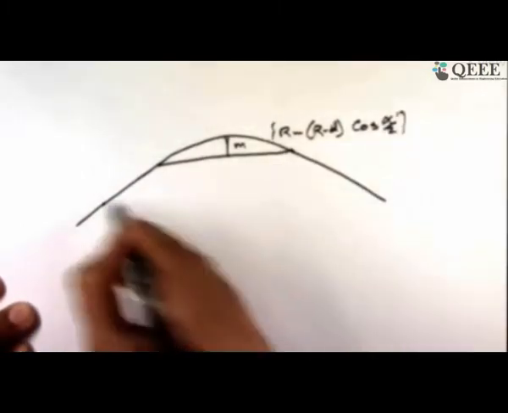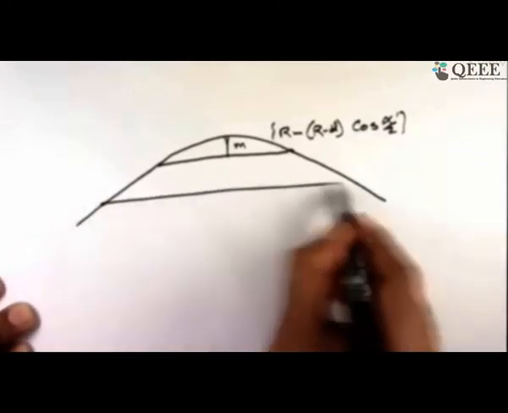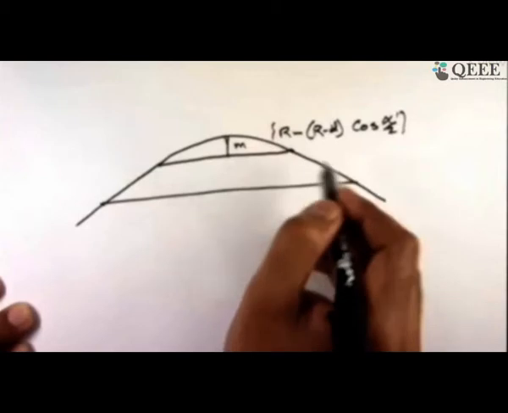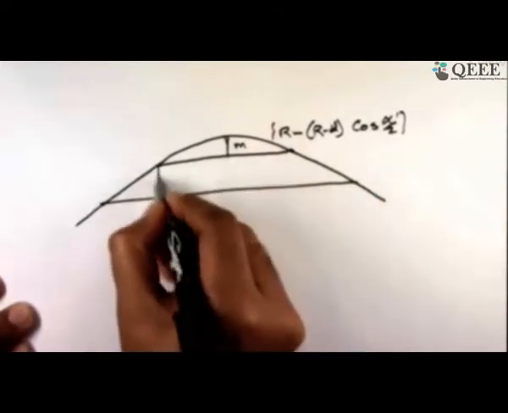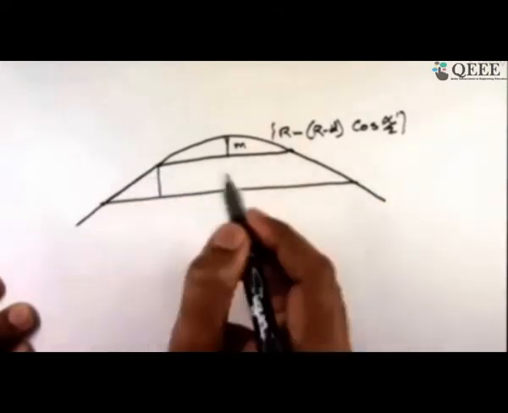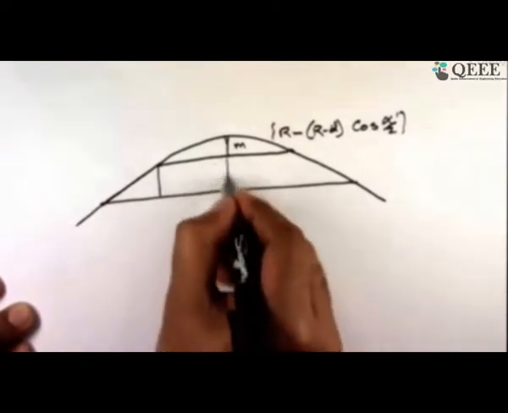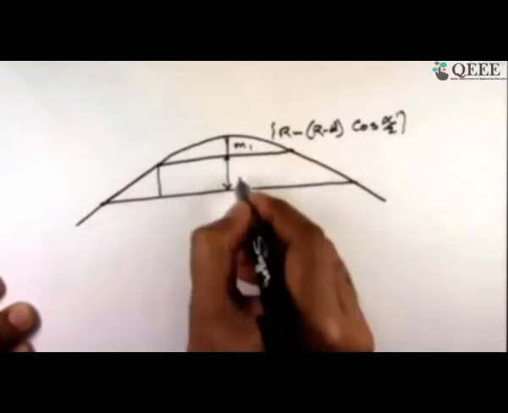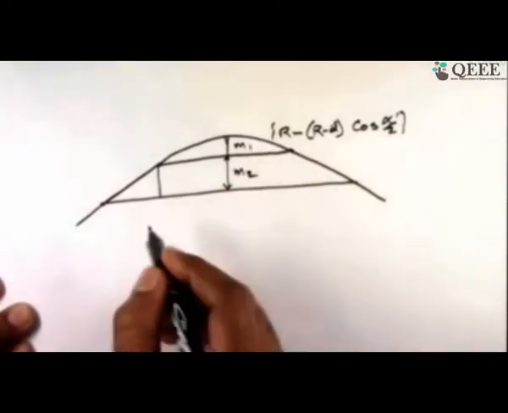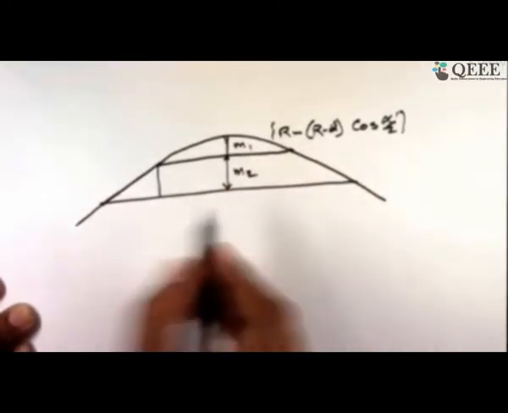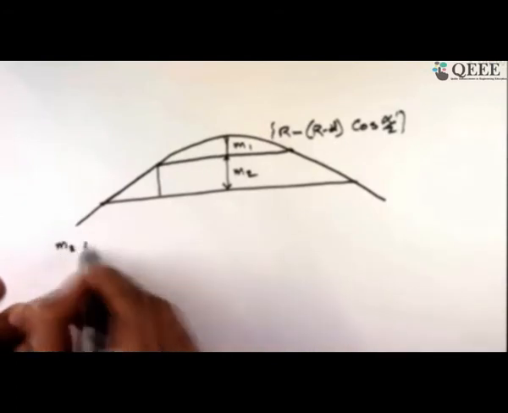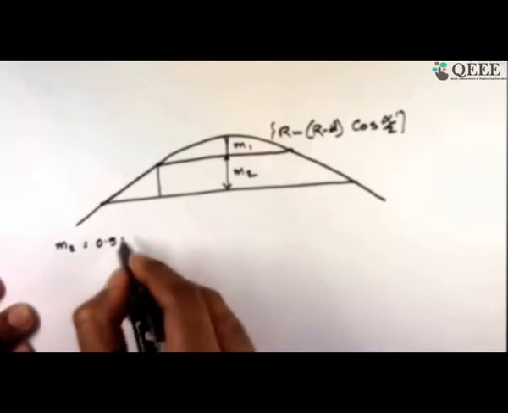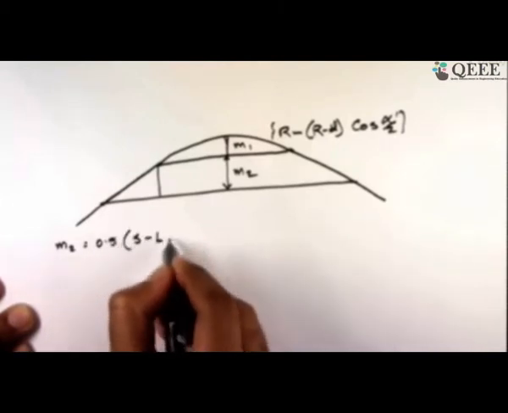Now we said that because the length is less than the sight distance, your S is totally this part, the sight distance. So you also need to calculate this distance as well. This is the other distance you need to calculate. So I'll say this one m1, this is m2. So m2 you are going to estimate. M2 is equal to 0.5 times S minus LC.